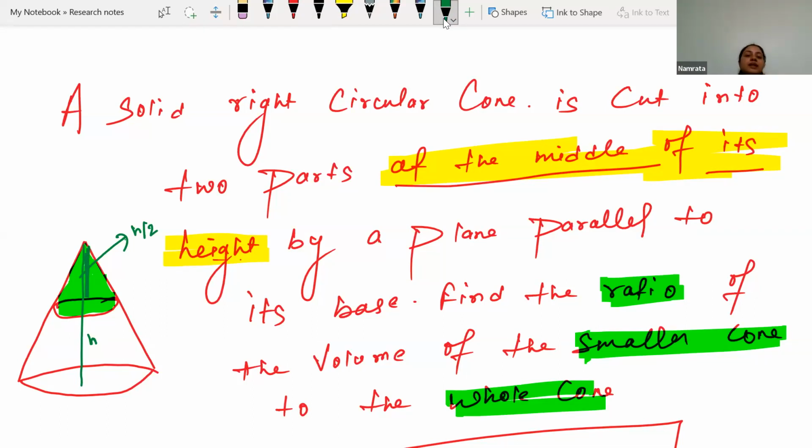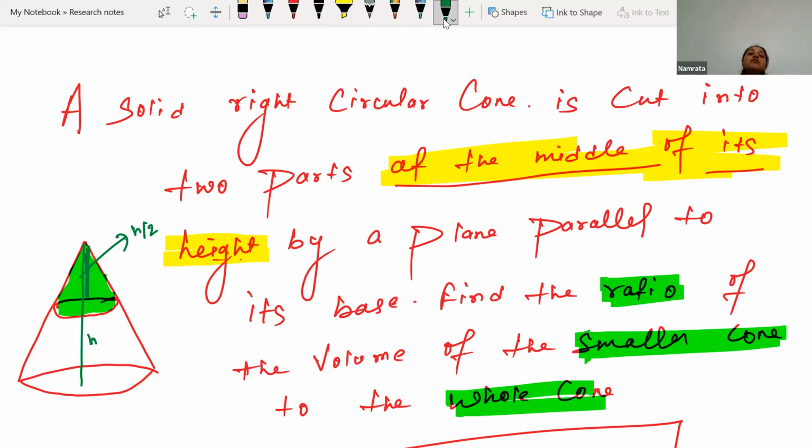Exactly. It is given in the question itself that we are cutting it at the middle of the height. Now, what else? We also need to know the radius of this smaller cone, because it is not a cylinder. In the cylindrical vessel, the radius was the same throughout. How can we get the shape of a cylinder? You place one bangle, on that you place another bangle of the same size, another, another, and you end up with a cylindrical shape.